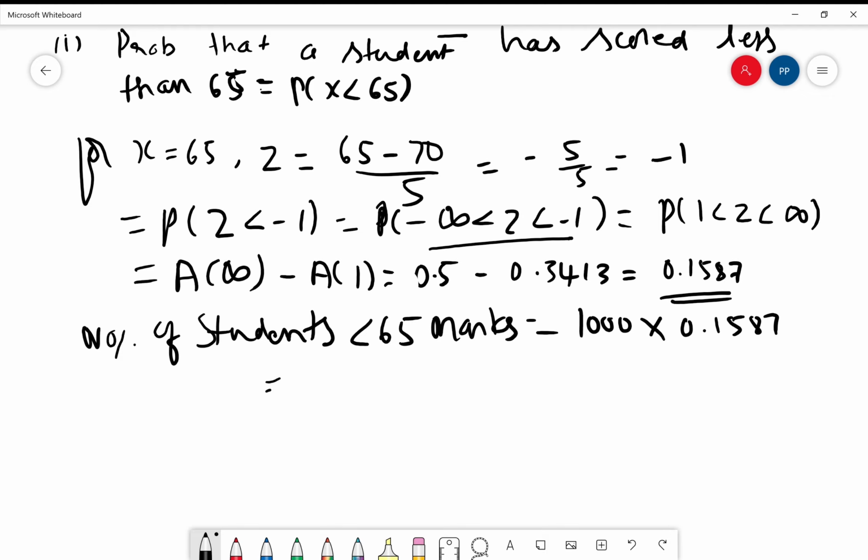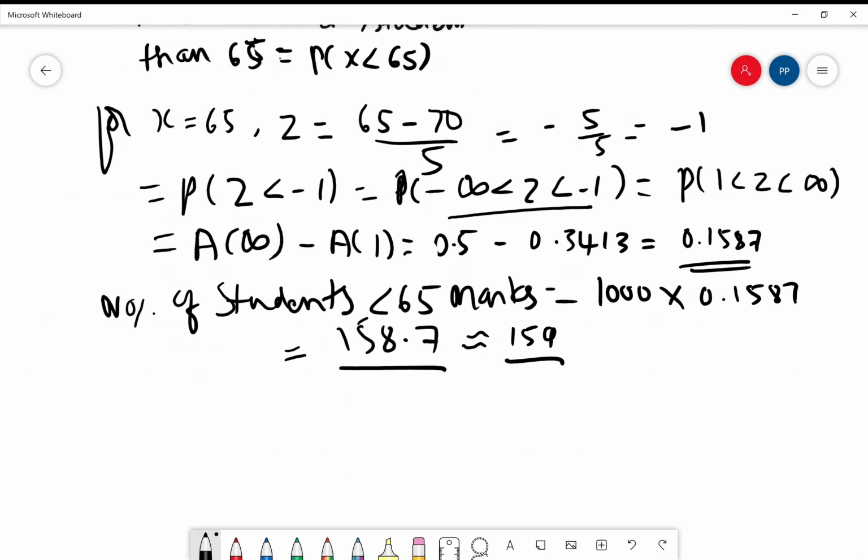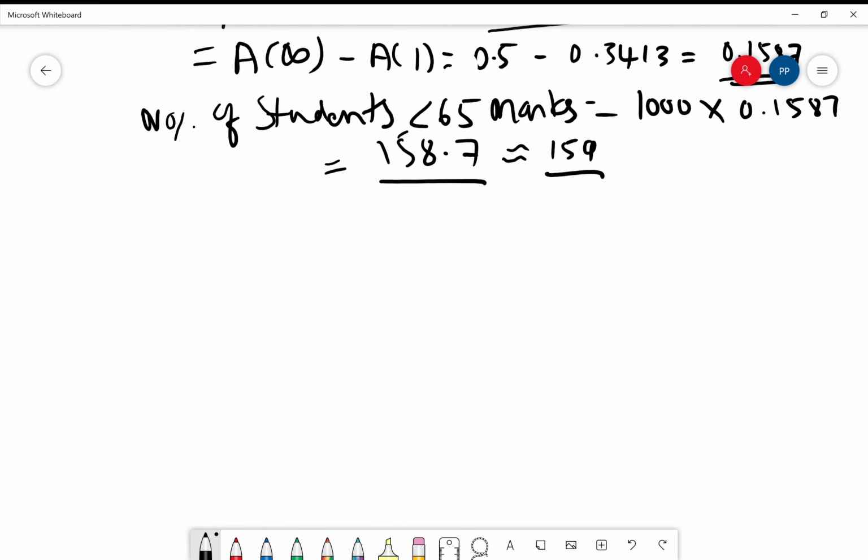If you multiply, you get 158.7, but you can't leave the answer in this form. You have to round to the nearest integer because the number of students is a whole number. So this becomes 159. That means 159 students out of 1000 have scored less than 65.